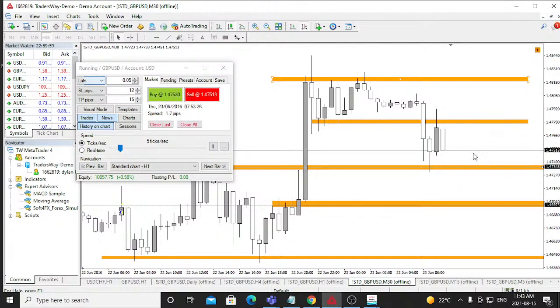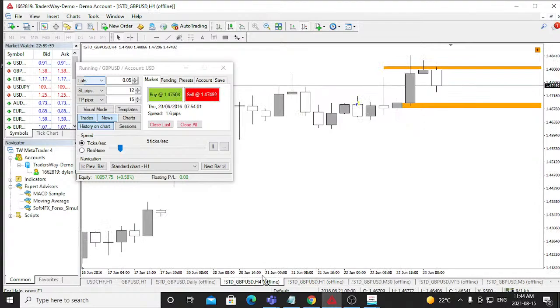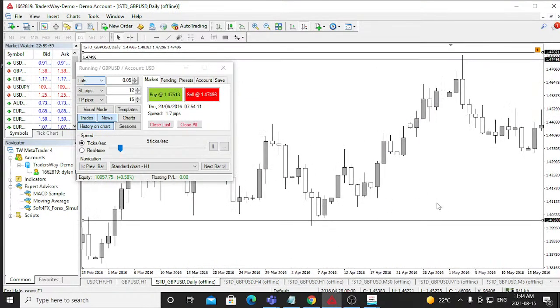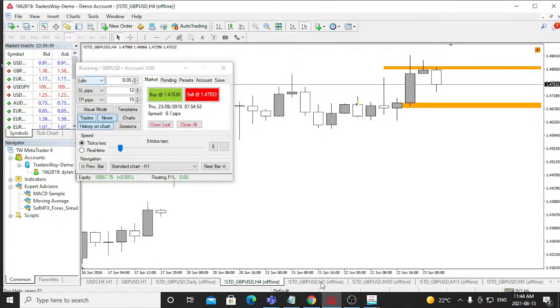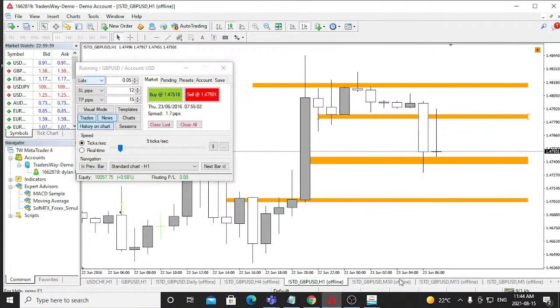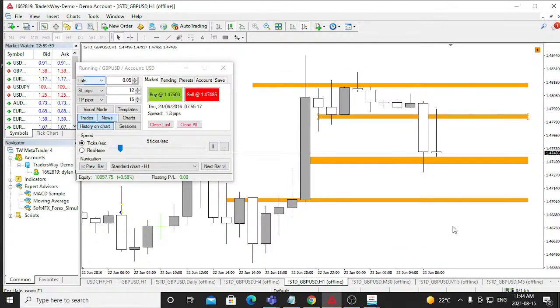Alright, so let's kind of dial it back to the higher time frames and just see what's been happening, because as much as it is good to look at the lower time frames and as much as it gets you into form, you also want to look at the higher time frames. That's what I like to do.